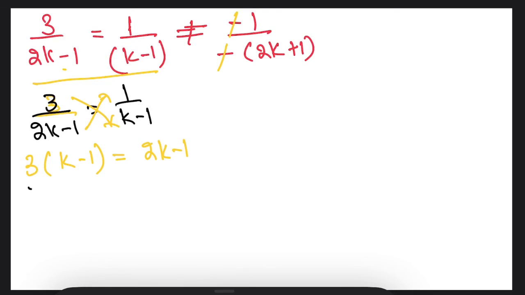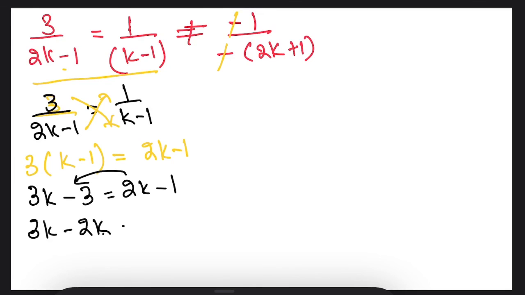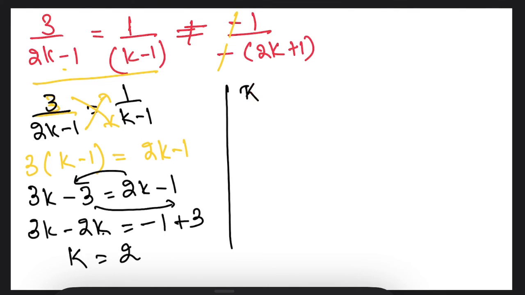Now 3k minus 3 equals 2k minus 1. Bring this k to this side, so 3k minus 2k, and bring this 3 to the other side, the minus becomes plus. So k equals 2. Now the k value is 2. So 2 is the answer. k equals 2.